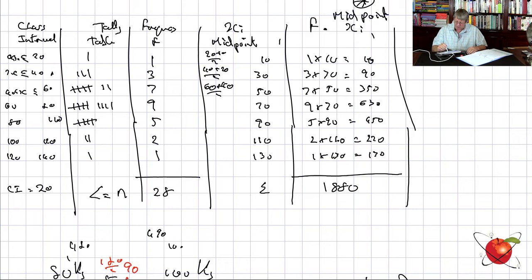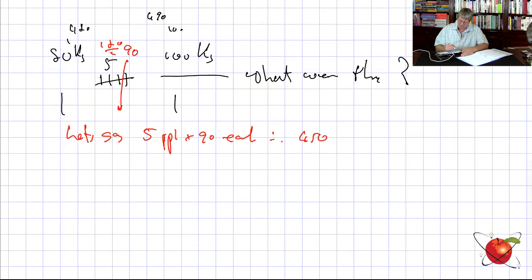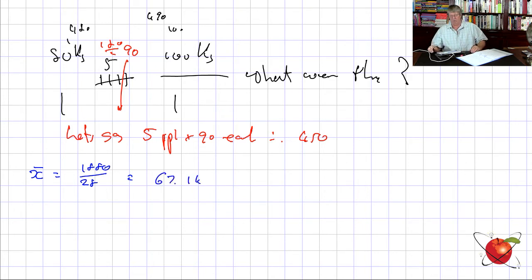In this case, we're going to add them all up and divide by the number. 1880 divided by 28. So we say therefore x bar is 1880 divided by 28, which is going to be the mean, 67.14. I haven't said what we're talking about, but it doesn't really matter.